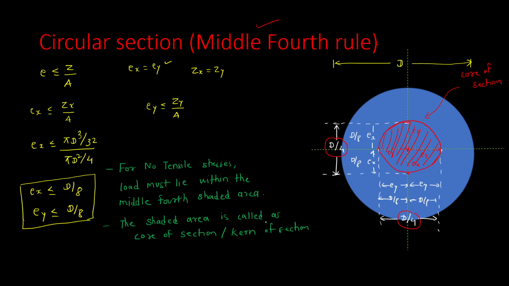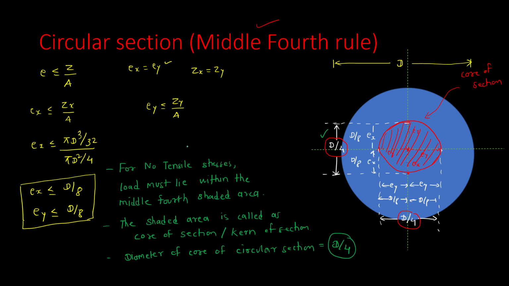Now here is one important point to note: what is the diameter of the core of a circular section? The diameter of the core of a circular section is d by 4. So this is an important point.